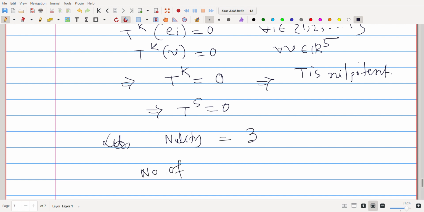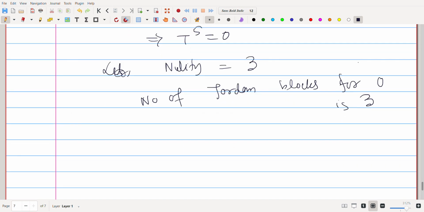That means the number of Jordan blocks for 0 is 3. So what are the possible Jordan blocks? Possible Jordan block sizes are 2 2 1 and 3 1 1. Right? Because the number of Jordan blocks is 3 and the sum of the orders of the Jordan blocks must be 5. So these are the possible Jordan blocks.